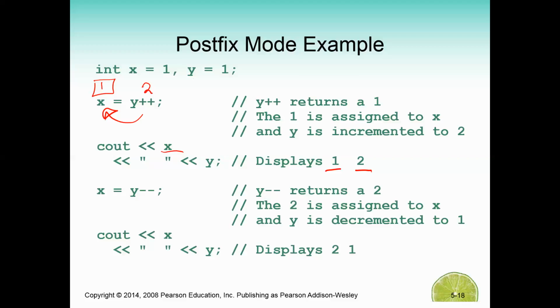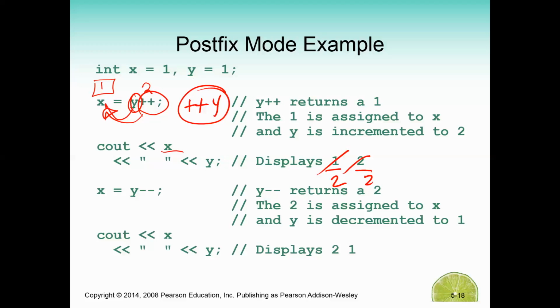So first we're going to be assigning the y to the x, and then the increment is going to happen. If I had put plus plus y instead of y plus plus, then it will be the other way around. The end is going to be 2 and 2. It's going to be adding first, and then it's going to be assigning.